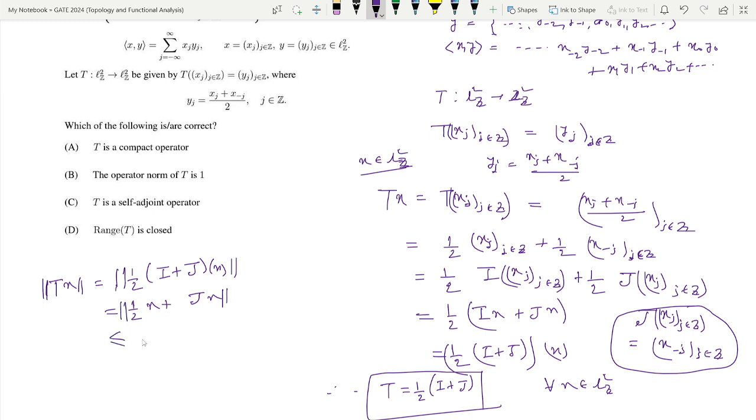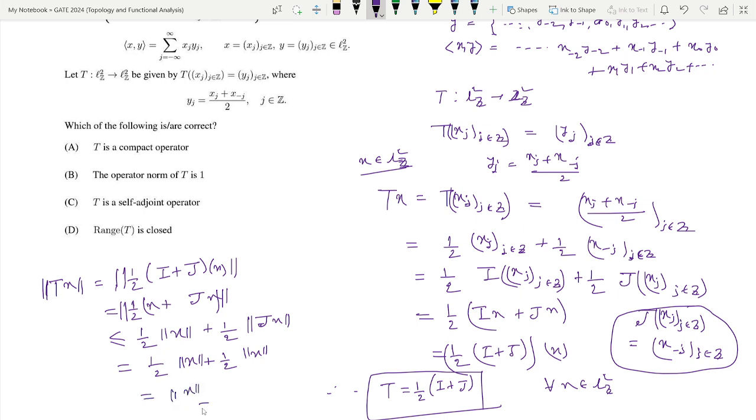So using triangle inequality, we have half norm x plus half norm Jx, and also clearly this norm Jx will be actually equal to this norm x. By the definition of J, if we consider norm Jx, then that will be also the summation j equal to minus infinity to infinity of mod xj square, and that is actually our norm x. So this is equal to norm x.